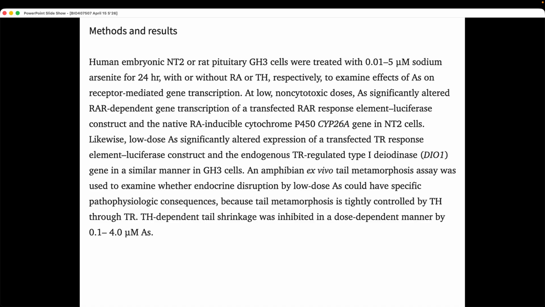Then again, here's back to that primary research article, and they have methods, right? And the methods they used are that they actually included, let's see.